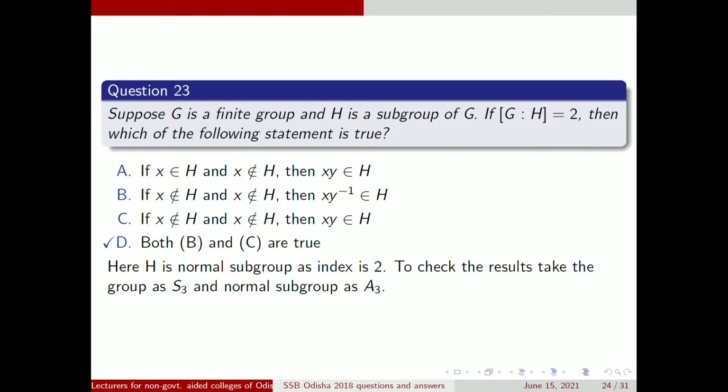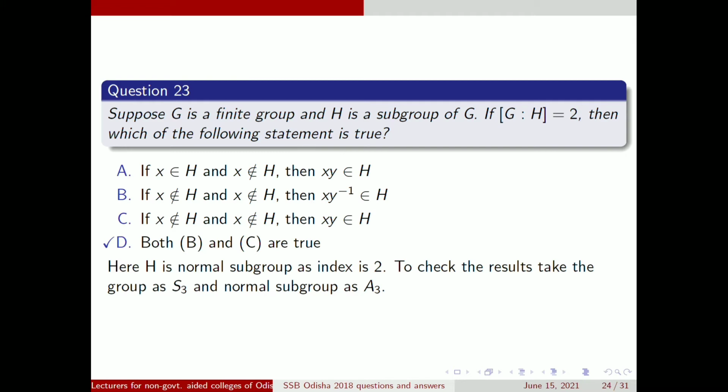So to check which option is correct, it is easier to check the result by taking an example. So let us take the group as S3 and its normal subgroup as A3, and applying the result to B and C, we get that both options B and C are correct. That means option D is the correct answer.